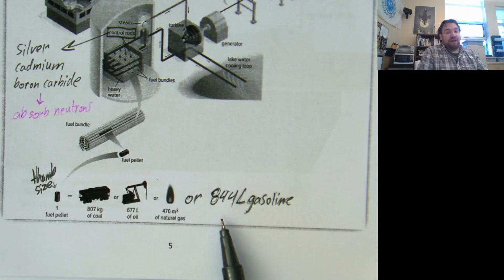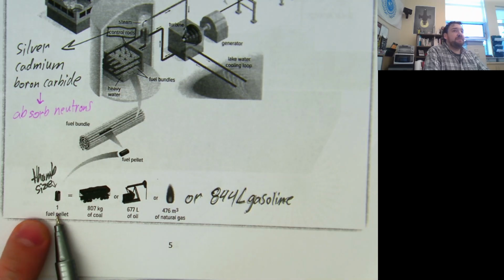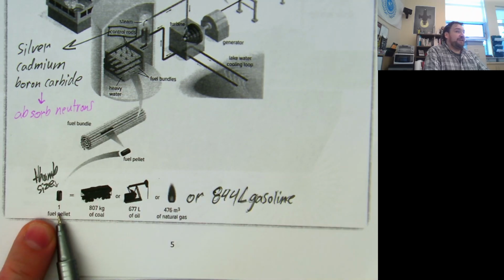So I fill up my car every 2 weeks because I don't drive it a lot. So 2 weeks times 19 times, that's 38 weeks. 38 divided by 4, that's 9.5 months. A single one of these pellets would theoretically fuel my car for 9.5 months.